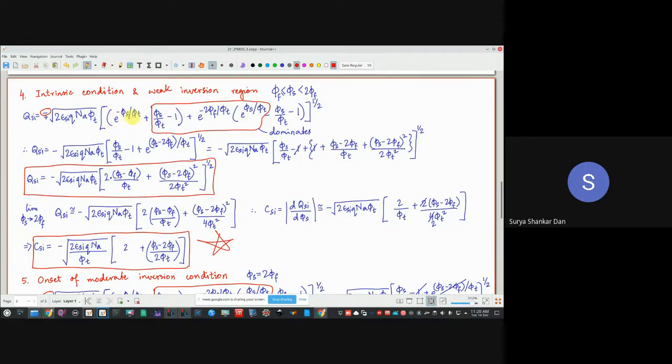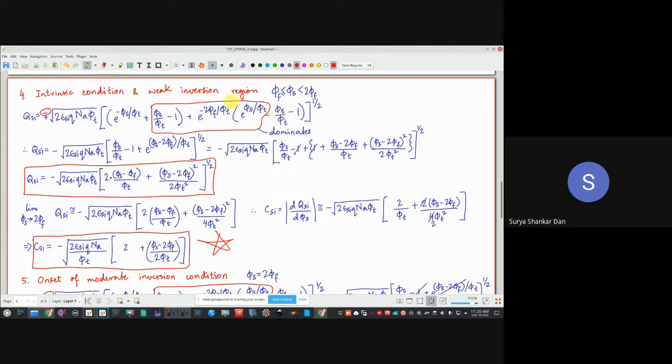This is going to be very small because it is the negative of a positive number. And always do not forget that phi t is in millivolts and phi s will be in volts. So that means e to the power of minus a huge quantity. That is the reason why this is going to be very small.